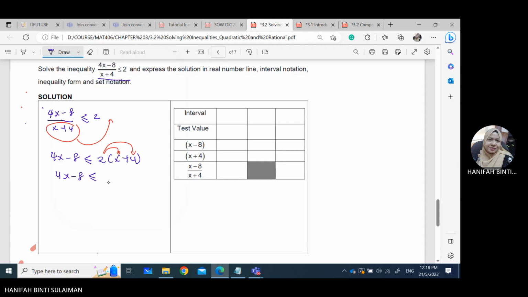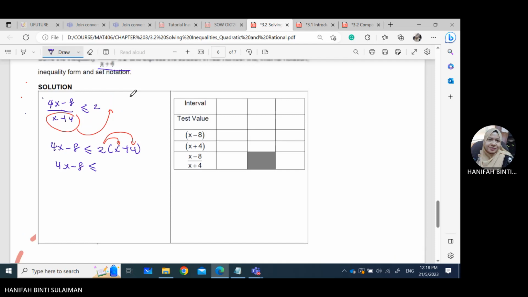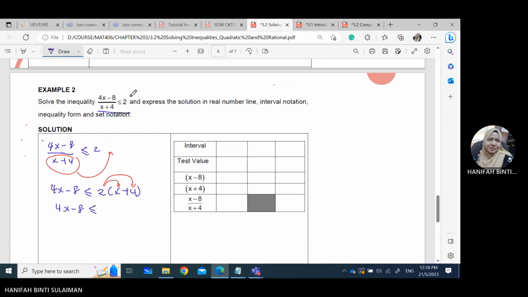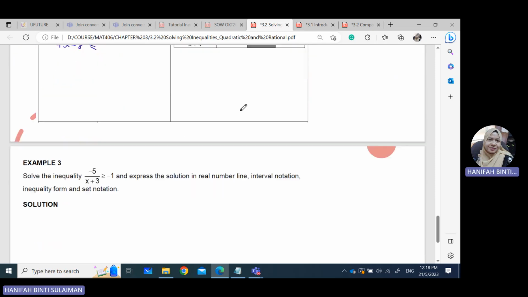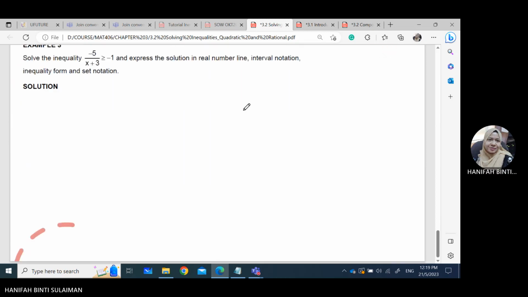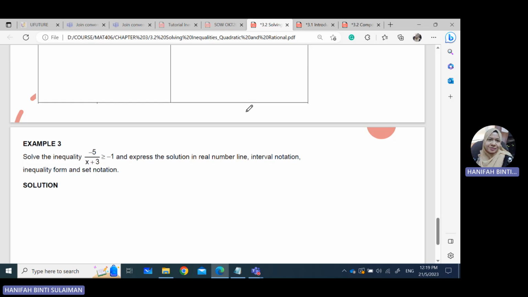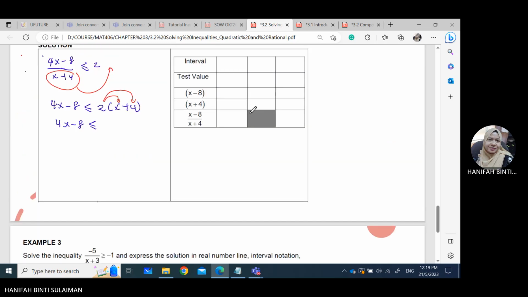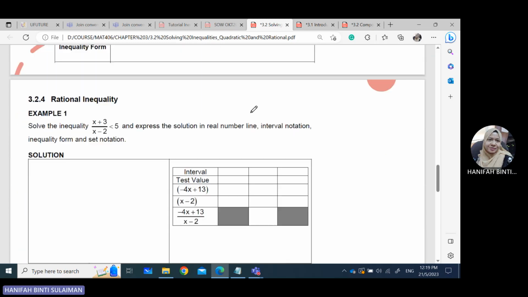Ada? Ini kan kuadratik. Oh ya. Yeah. Sekejap. Itu linear. Page atas. Oh, ni rational inequality.